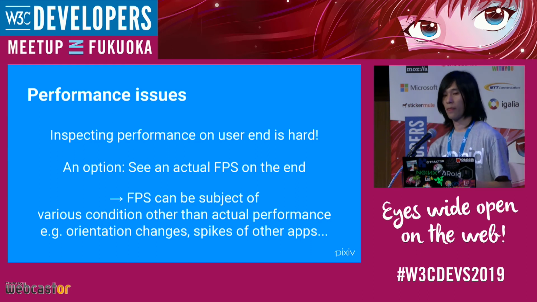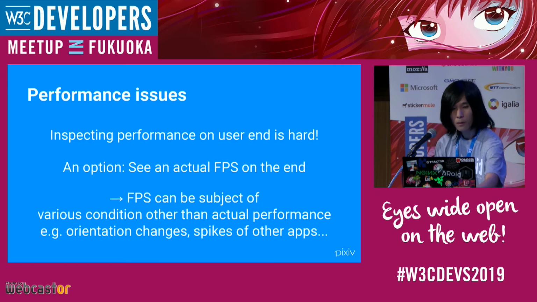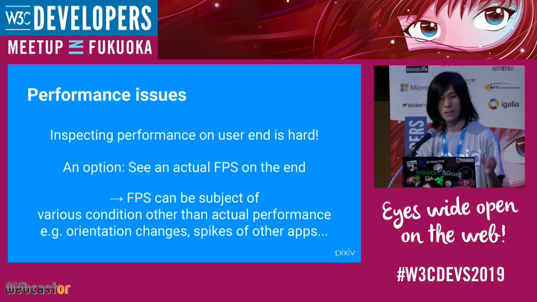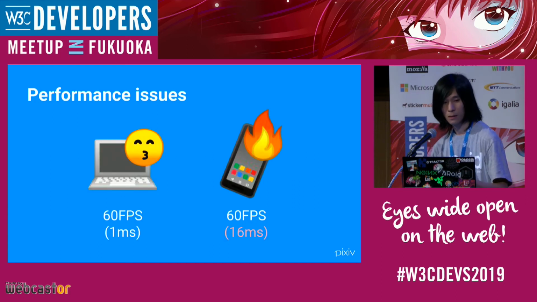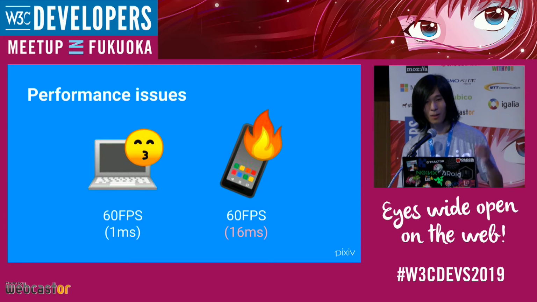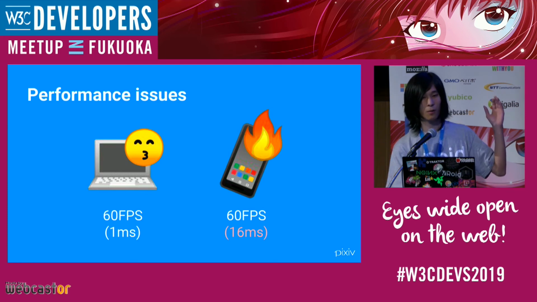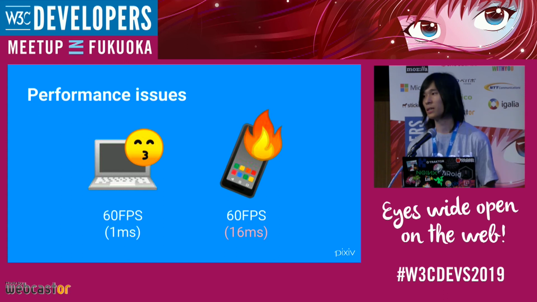One option is the actual frames per second, but FPS can be subject to various conditions, so it's not purely device power. Plus, there are two kinds of 16 FPS in this world. One renders our stuff with ease, but the other is using its maximum power.